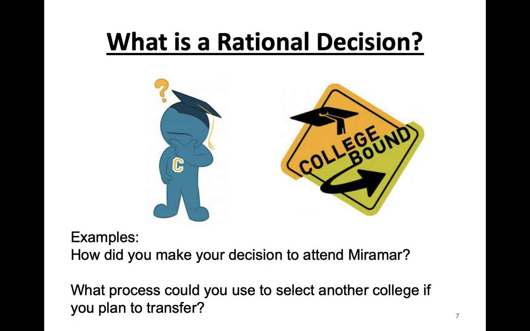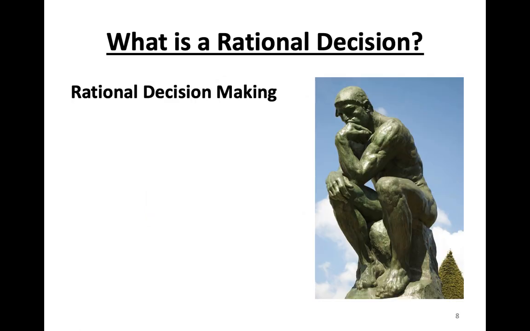How would you go about making the decision about whether you want to transfer and where you might go next? When it comes to making important life decisions, decision scientists, that is, people that study the science of making decisions, they've come up with a process for how to make good decisions. And that's what this looks like. So decision scientists have suggested that rational decision making involves a 6-step procedure.